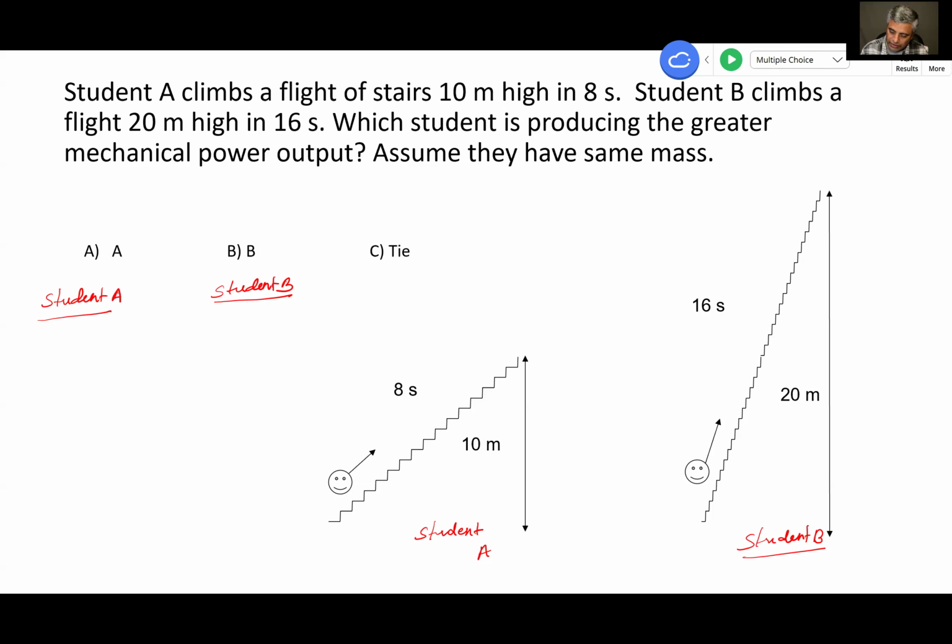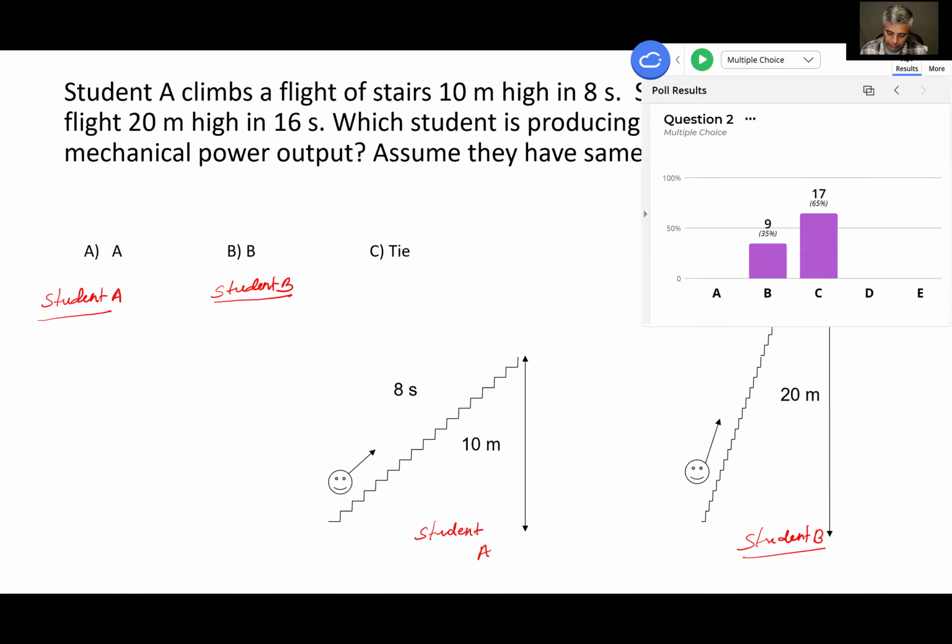Okay, let's see what we got here. So mostly B and C, mostly C. Okay, tie. Okay, how do we know that?